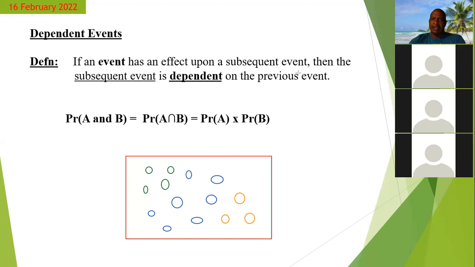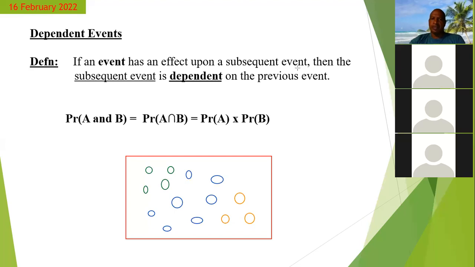Let's say that we are looking at the probability now of drawing. So we are looking at two events: a first event of drawing a marble, and then a second event of drawing another marble.